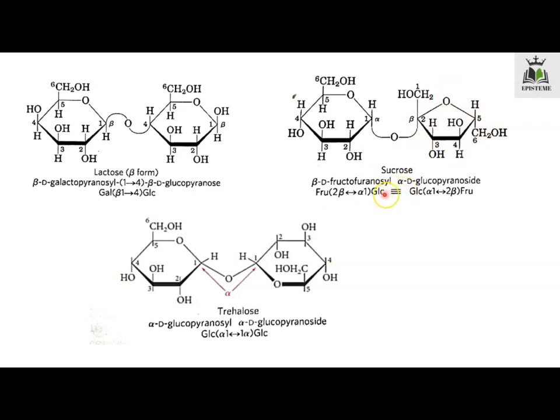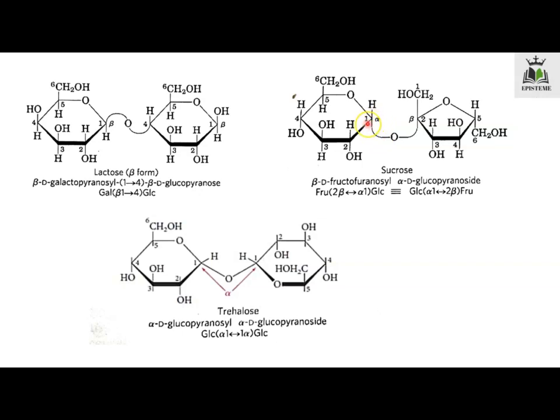And then we have 2 and 1, so the contributing carbons are 2 and 1. The next is alpha D glucopyranoside. Here again the direction of this OH group is at the bottom, and here we are calling it alpha.